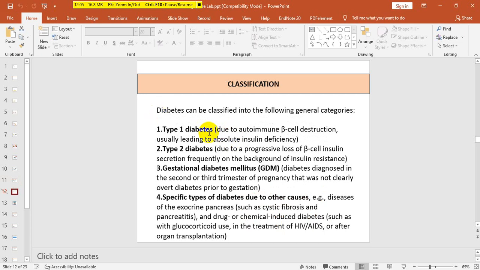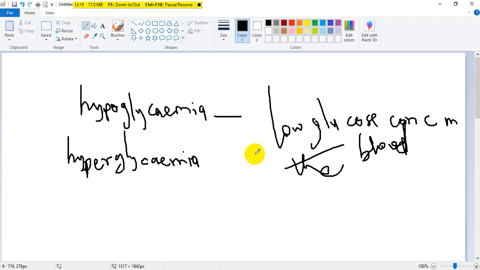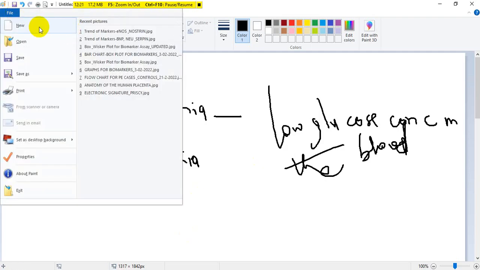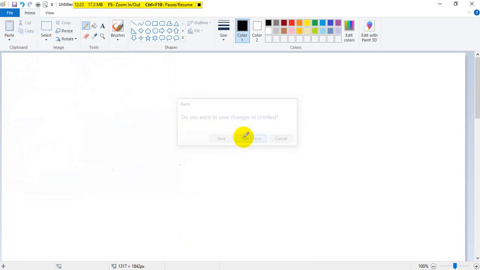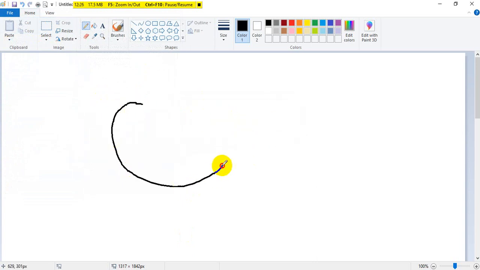Type 1 diabetes. This is also called autoimmune beta cell destruction. That's the islet of Langerhans, the beta cells of the islet of Langerhans are being destroyed by the body. So for instance, this is the pancreas, divided into two.